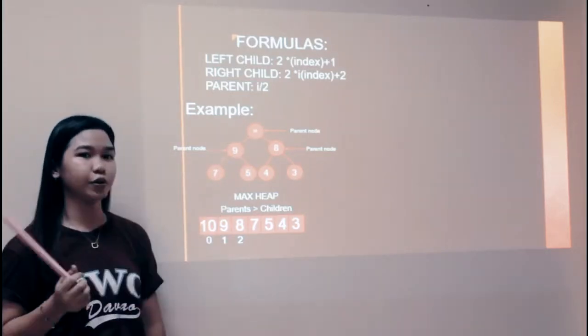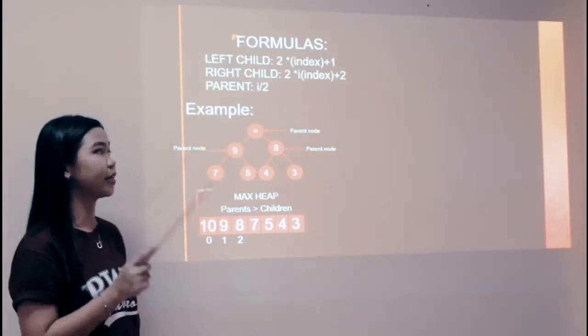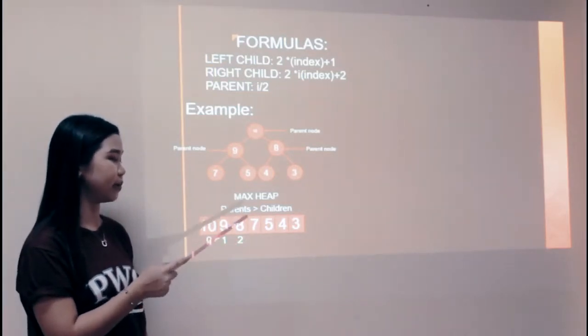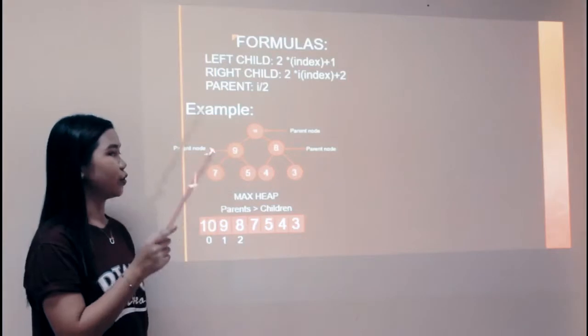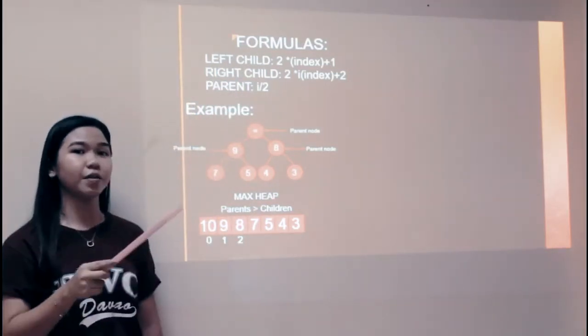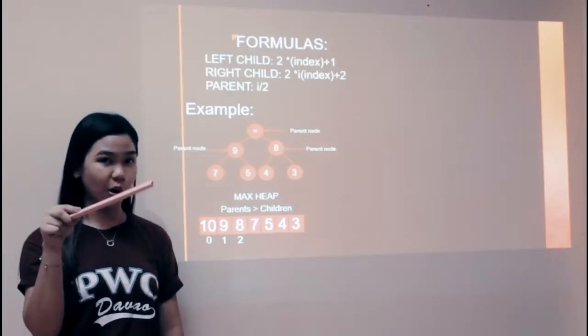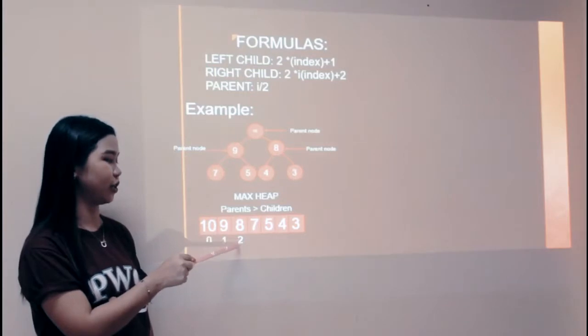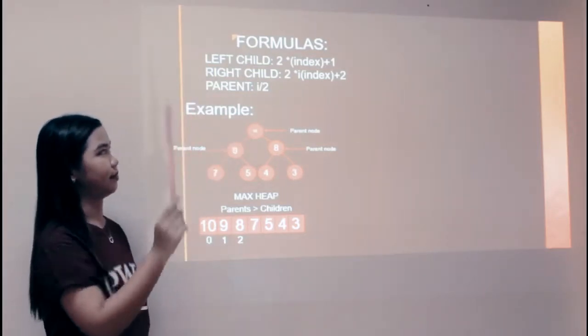If you're also going to find the parent node of a child node, for example, the parent node of index 2, you just substitute the index 2 here. So 2 divided by 2 will be 0. So index 0 will be the parent node of your right child 8. So that is 10.